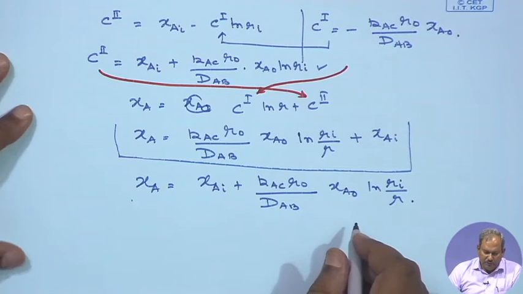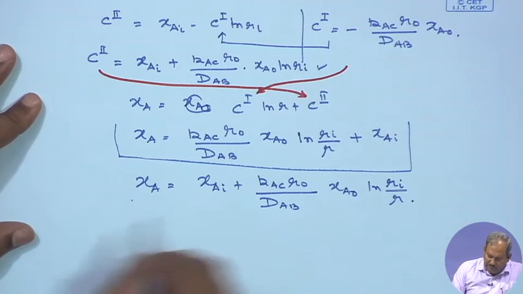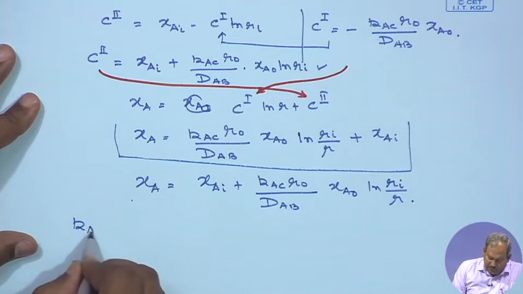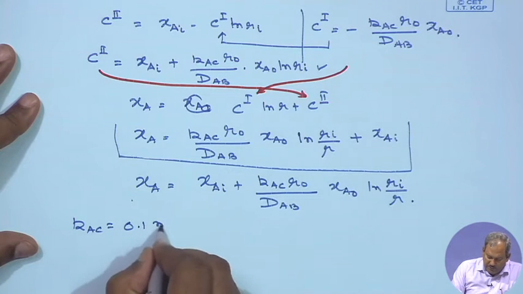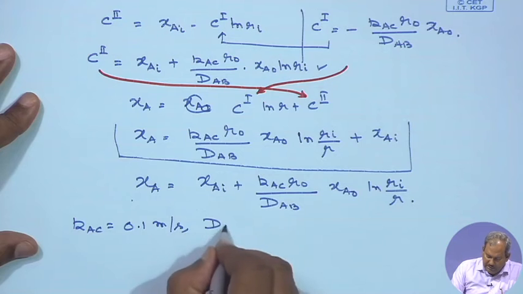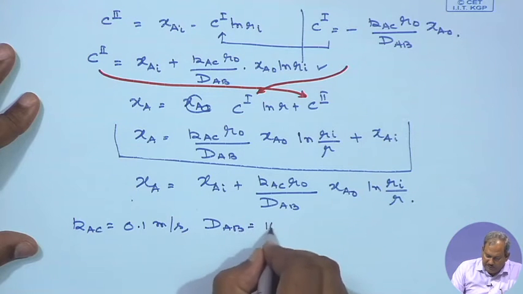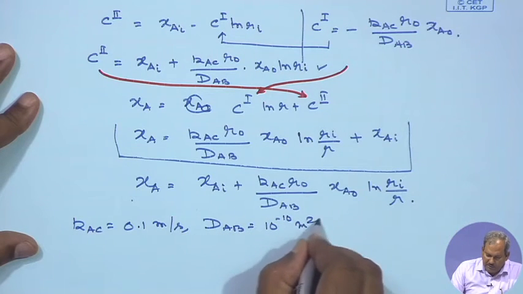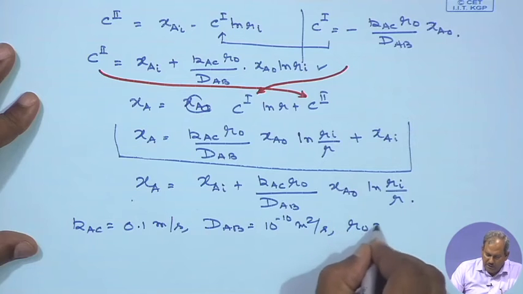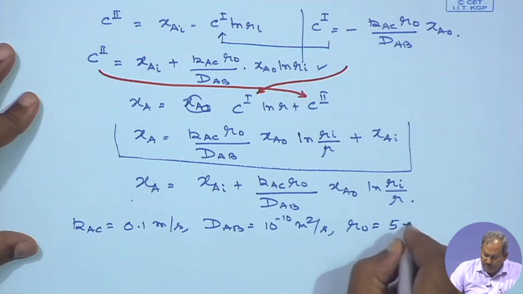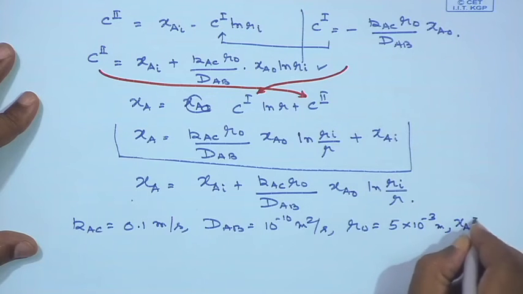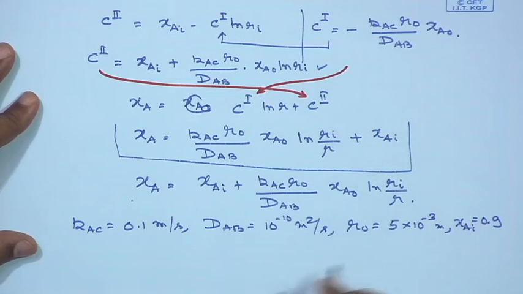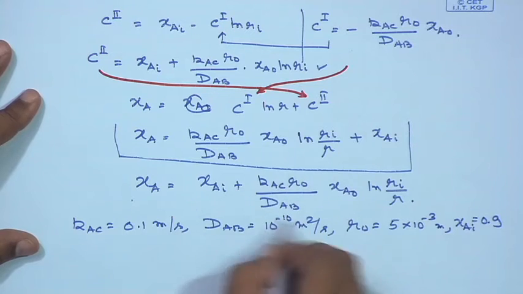So, what I need to do next is plug in the values that are provided in the problem: xAI as 0.1 meter per second, DAB is provided as 10 to the power minus 10 meter square per second, r naught is 5 into 10 to the power minus 3 meters, xAI is equals 0.9.